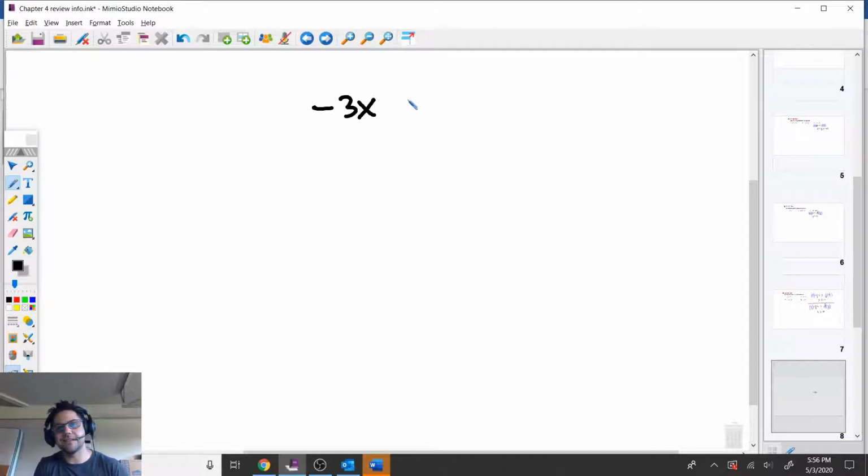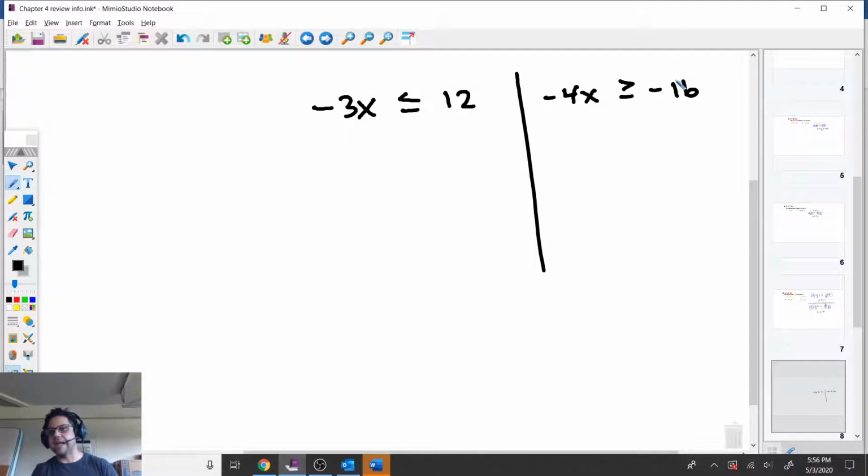All right, so the one thing that was not included is when it looks something like this. Negative 3x, let's say, is less than or equal to 12. And then let's say negative 4x is greater than or equal to negative 16. Now remember, it's not the negative sign on the 16, because the 12 doesn't have a negative sign. It's the variable that has the negative sign.